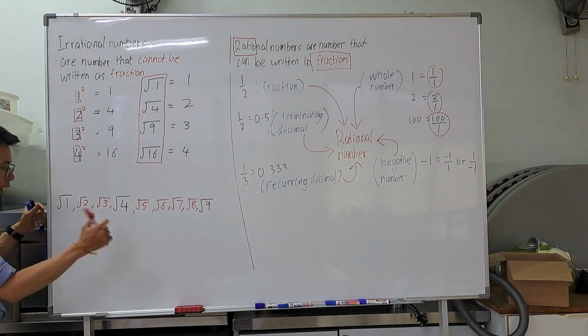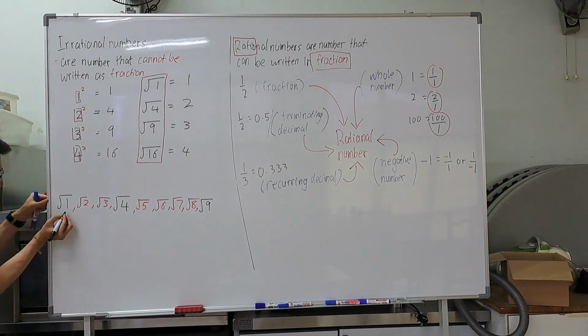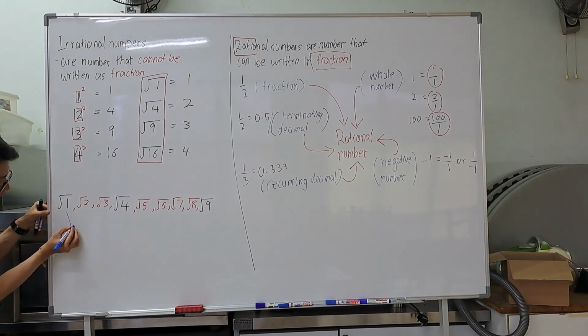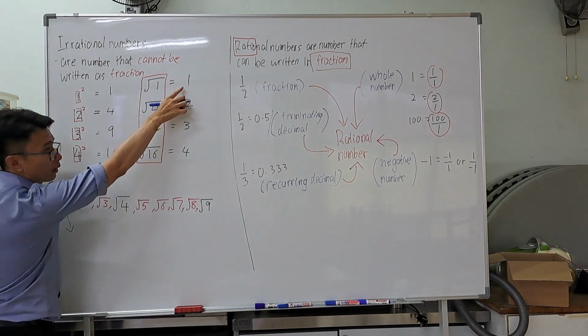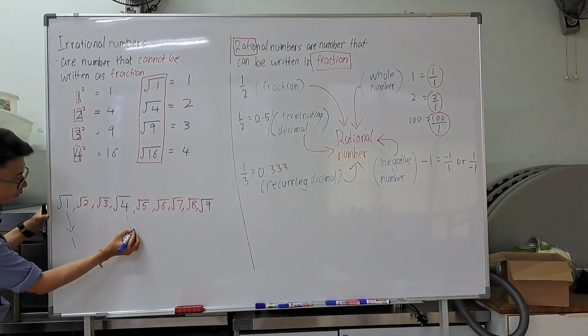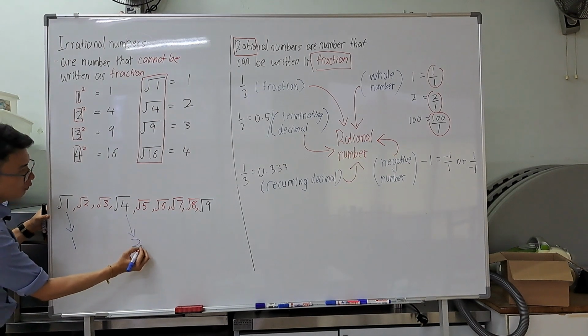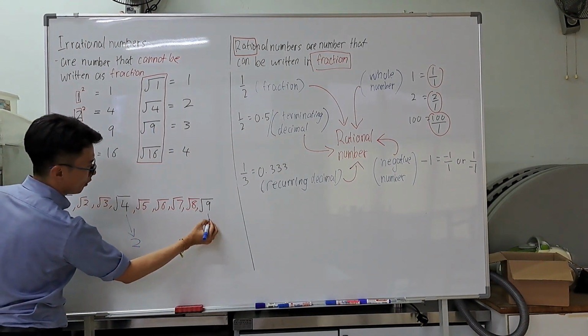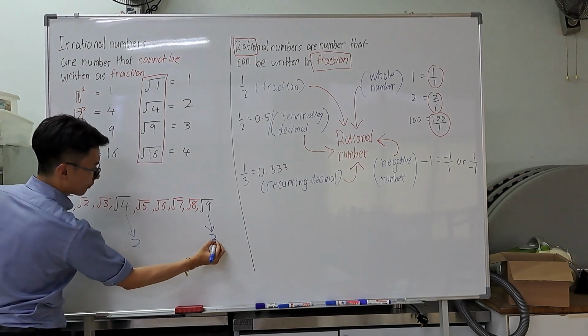Now take a look at this. We have simplified these numbers. Square root of 1 is 1. Square root of 4 is 2. Square root of 9 is 3.